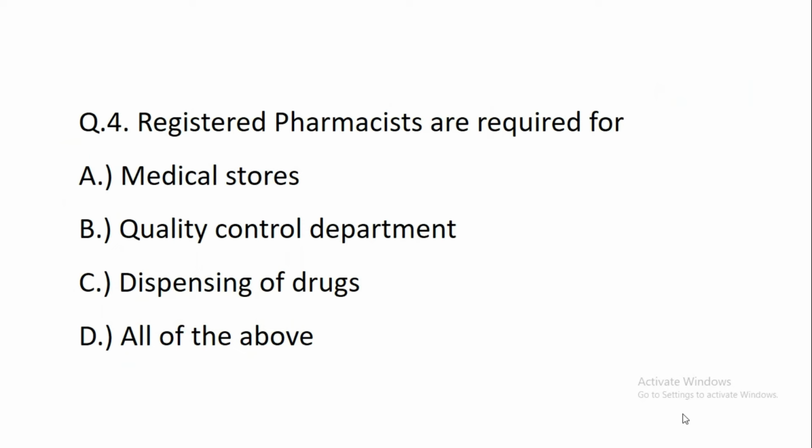Registered pharmacists are required for choice A, medical stores; B, quality control department; C, dispensing of drugs; and D, all of the above. The answer is all of the above.